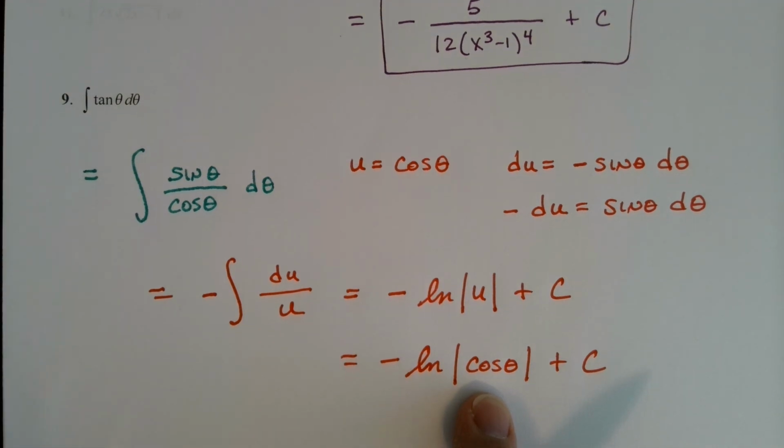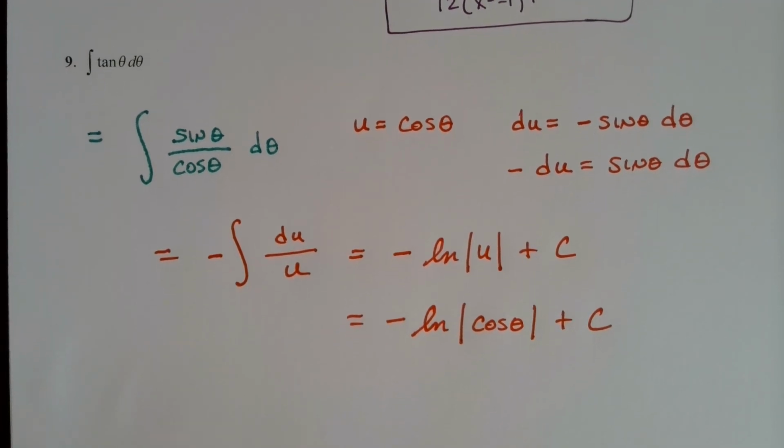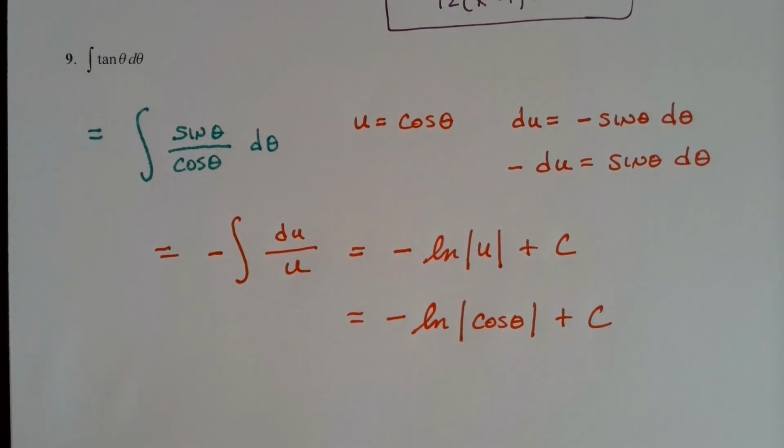Okay. Now, there's another form that this can be written in. There are properties of logarithms that come into play a lot of times, and if you're finding an integral, you might see the form of your antiderivative looking different.